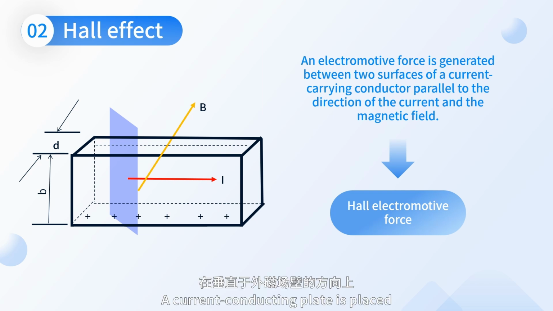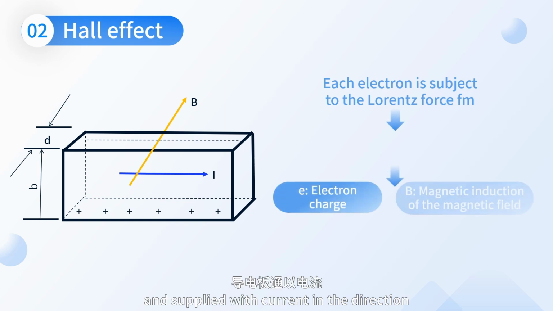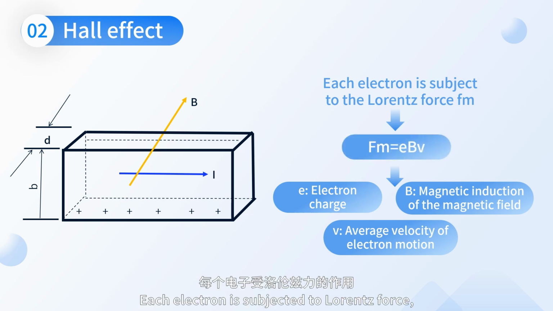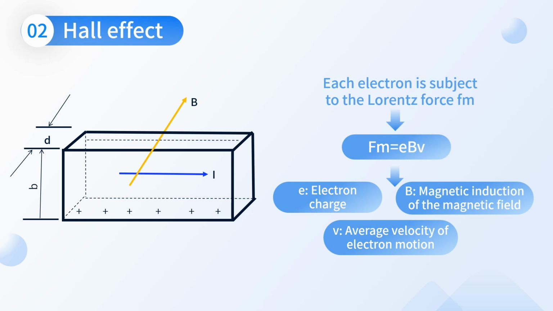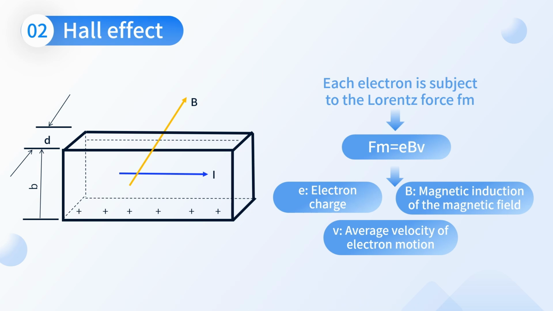A current-conducting plate is placed perpendicularly to the external magnetic field and supplied with current in the direction shown in the figure. Each electron is subjected to Lorentz force, and the magnitude is Fm equals eBv, where e is the electron charge, v represents the average velocity of electron motion, and B refers to the magnetic induction intensity of the magnetic field.